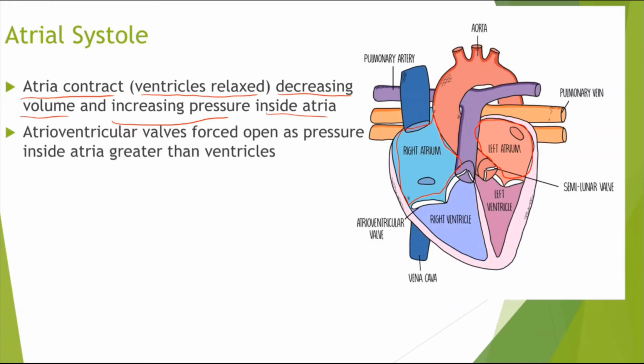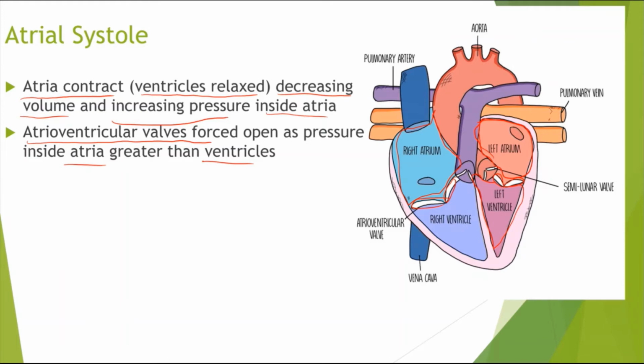Now what does this do? This causes the atrioventricular valves to open. Remember, the atrioventricular valves are between the atria and the ventricles, and these open because the pressure inside the atria is now greater than the pressure inside the ventricles. Because we had that blood moving in, and now the volume has been decreased by the contraction, the pressure is greater in the atria, and the ventricles are still relaxed.